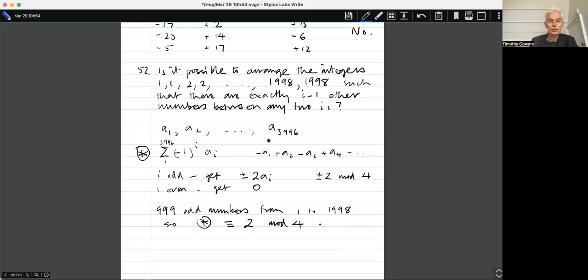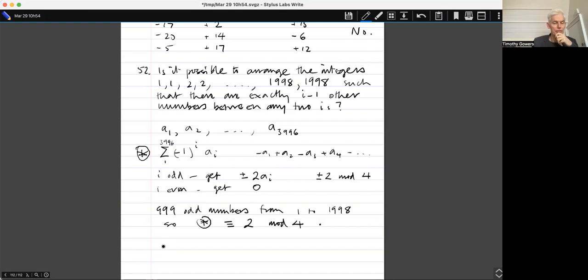So a contribution from each odd number, if I've got a choice of whether to make it plus or minus. And now I've got a choice of where to put it. So wait a moment.